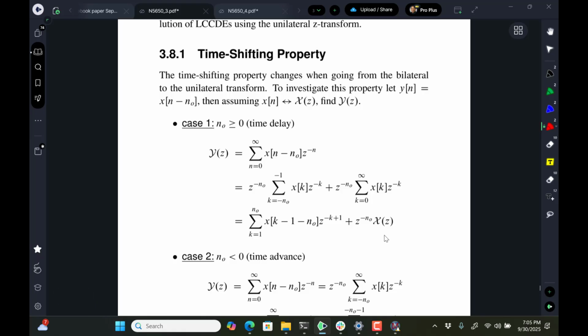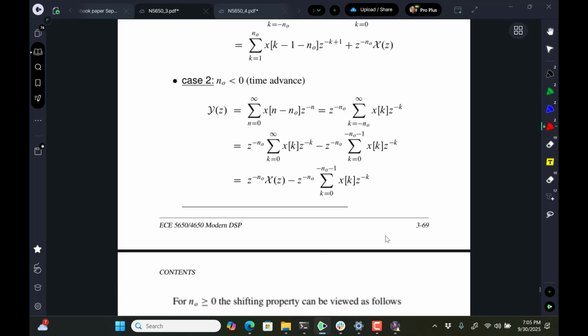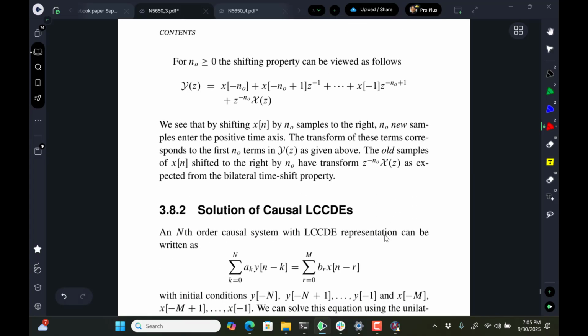But what I'd like to do, without getting super detailed, is come down to the key results. If you want the one-sided Z transform of a sequence with an n-naught shift, greater than or equal to 0, you're going to get what you'd expect, the Z to the minus n-naught times the one-sided Z transform of that right-sided sequence, which makes sense.